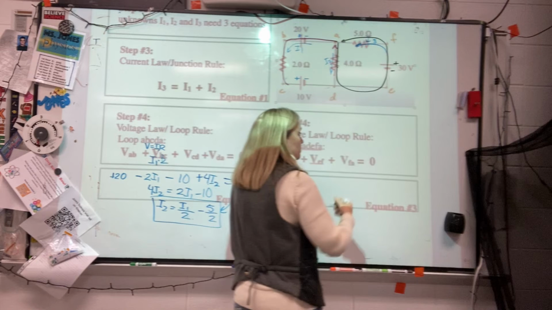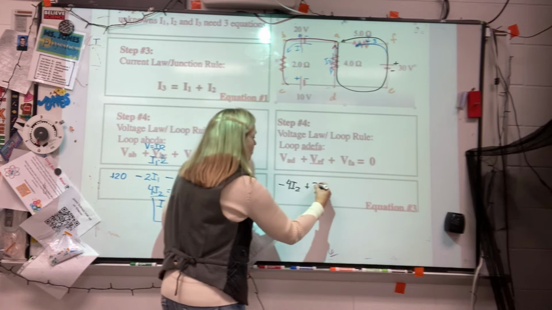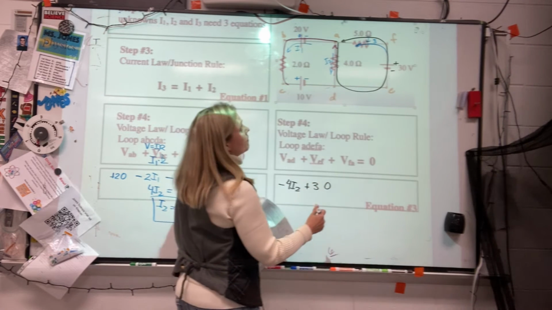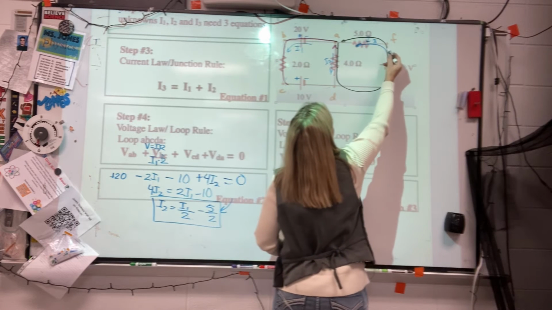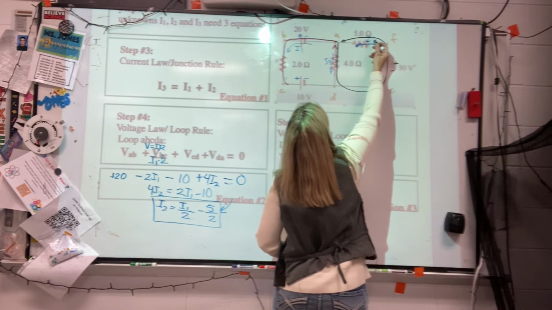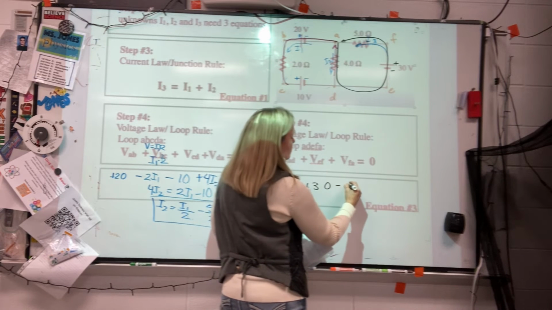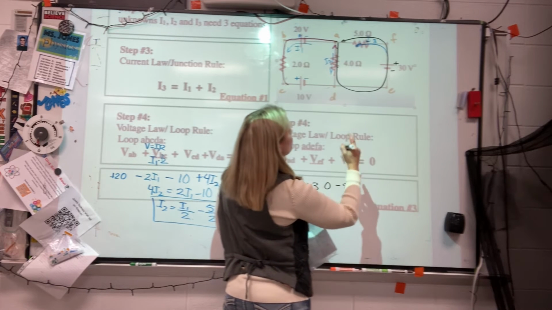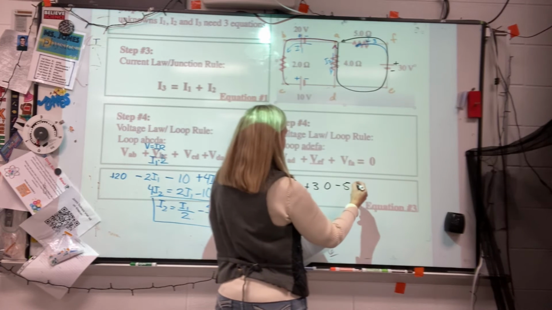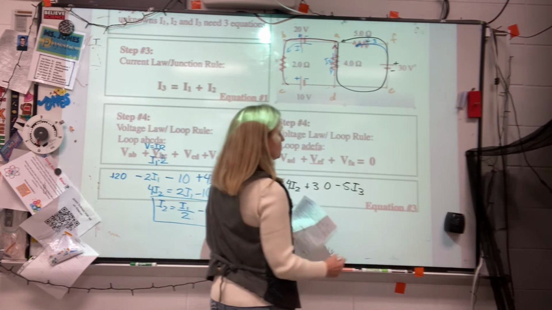Negative to positive, plus 30. Then up here, my I arrow and my loop arrow are in the same direction. Minus 5 I3.